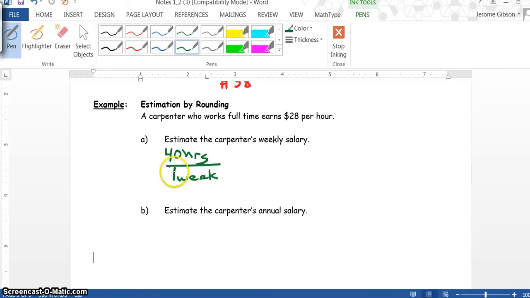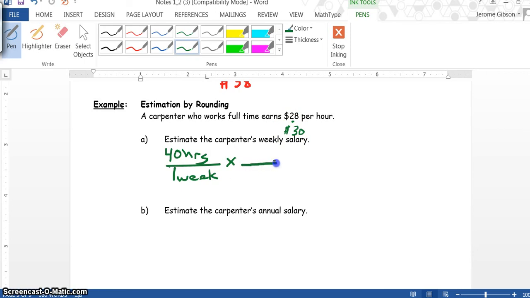We're going to multiply that by how much the carpenter makes an hour. To make this a little easier, why not round to the tens place? We look to the right of this 2. This is 8, so we add 1 here, and this would be approximately $30.